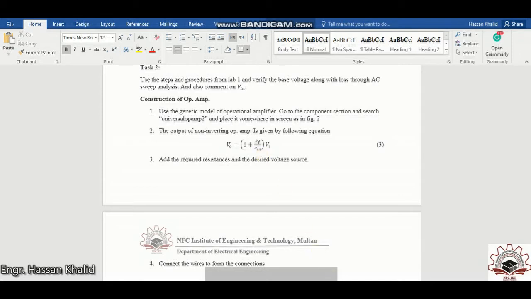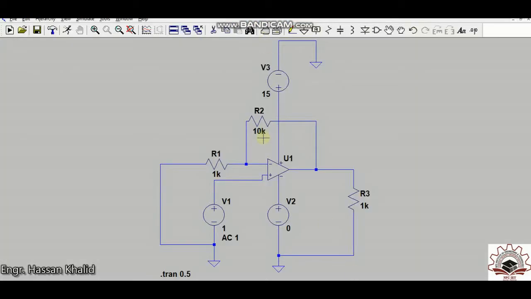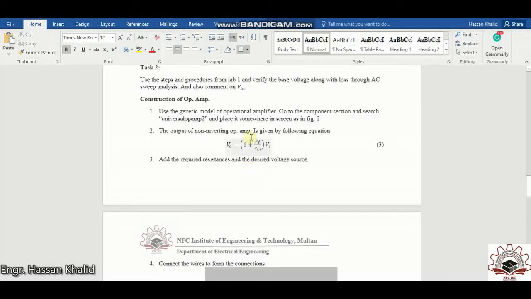In the circuit, the feedback resistor is 10 kilo ohm and the input resistance is 1 kilo ohm. Substituting these values in equation number 3, 1 plus 10k divided by 1k becomes 11 units, which is the gain of my operational amplifier.